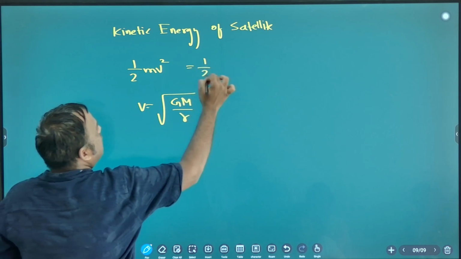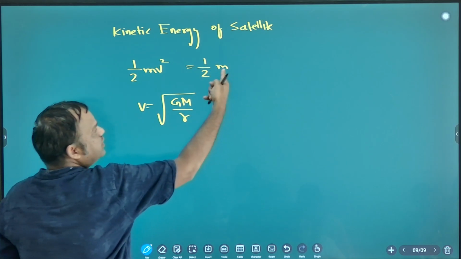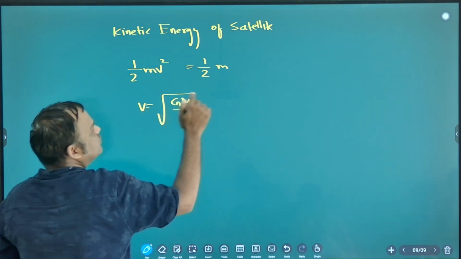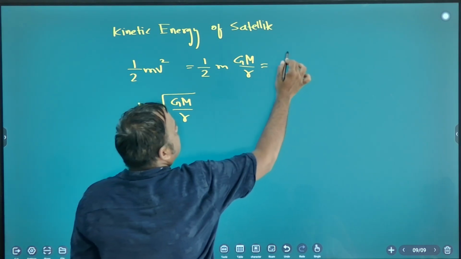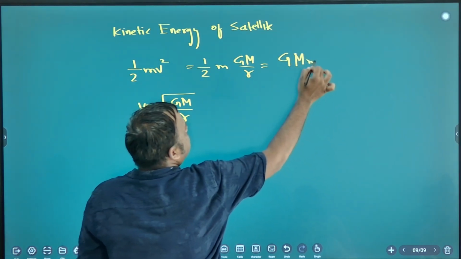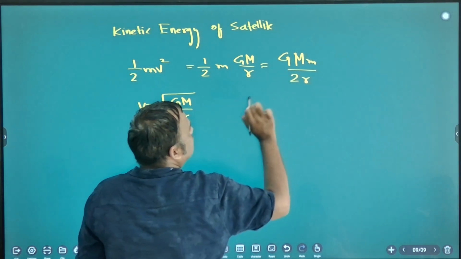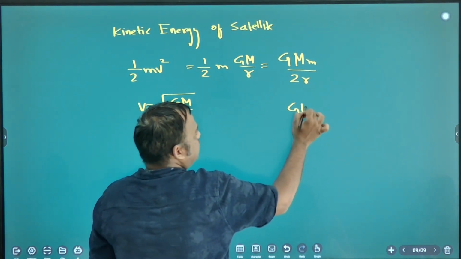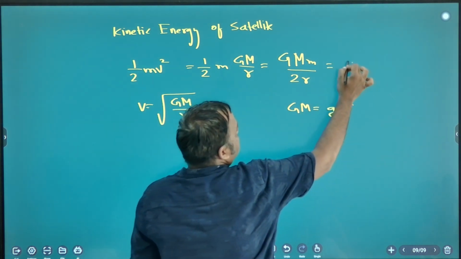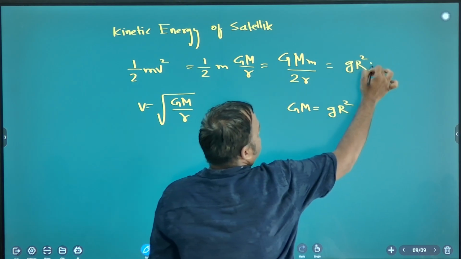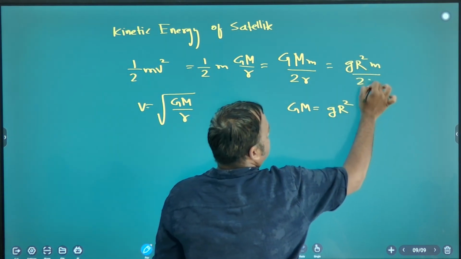So this is half small m, the mass of the satellite. Now what is the square of this? GM by r. So this is G capital M small m by 2r. Now capital G capital M can be written as small g into R square. So this is g R square m by 2r. Correct?